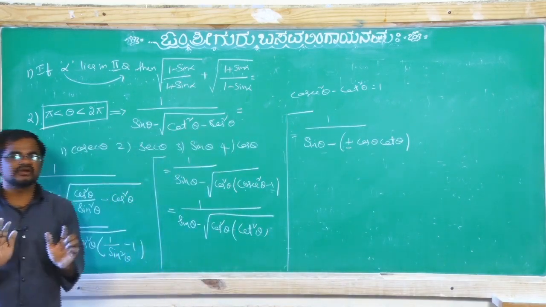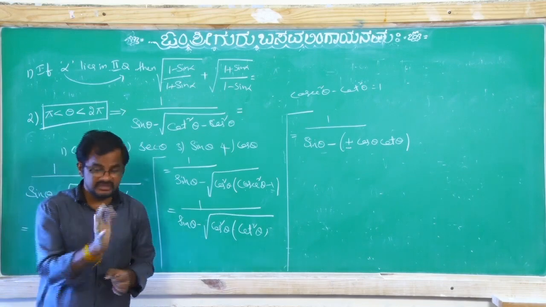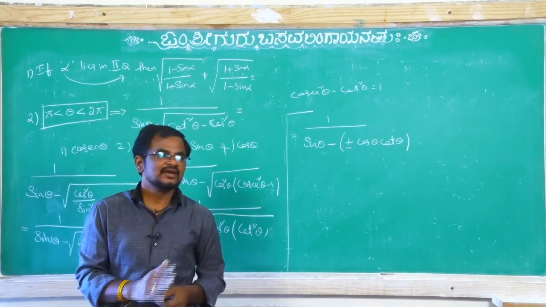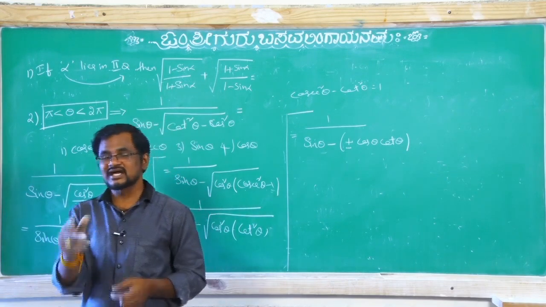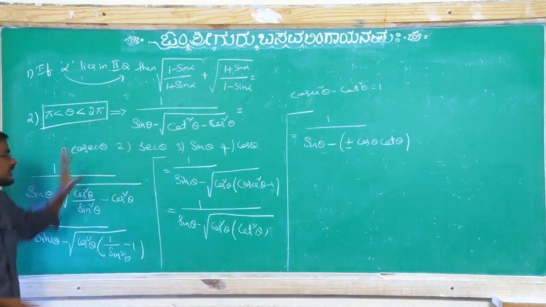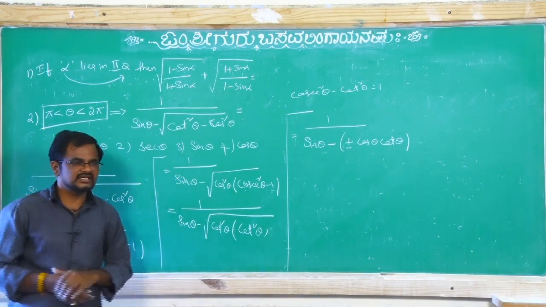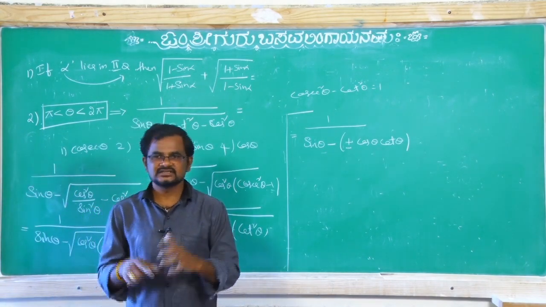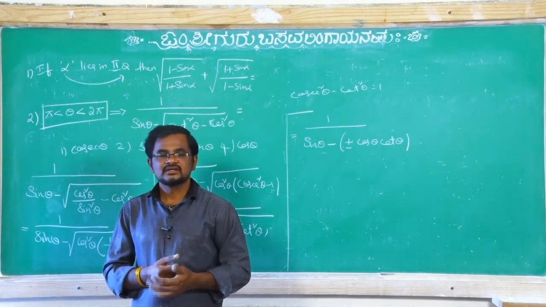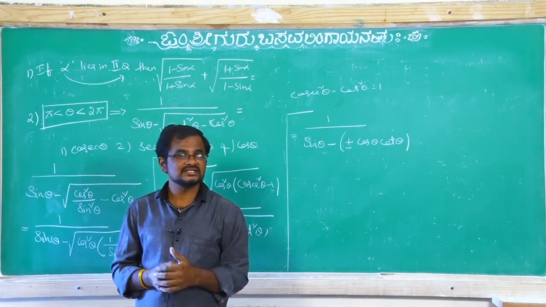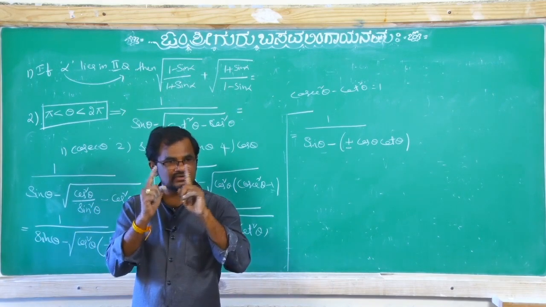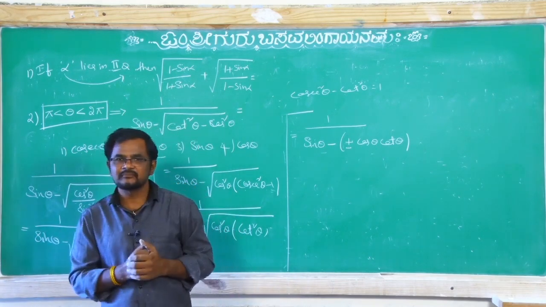Now, tell me what we have to take, plus or minus product of. Previous problem only one function, they are identified easily, but here product of two functions and also which two quadrants are there. Simple thing, listen here. Suppose if you take third quadrant, because there are two chances are there. In that two chances, what is the possibility if you identify exactly there, what we have to take, you can identify, tell me.